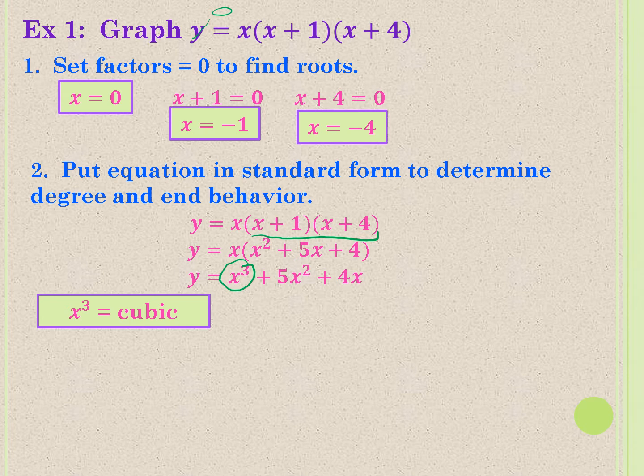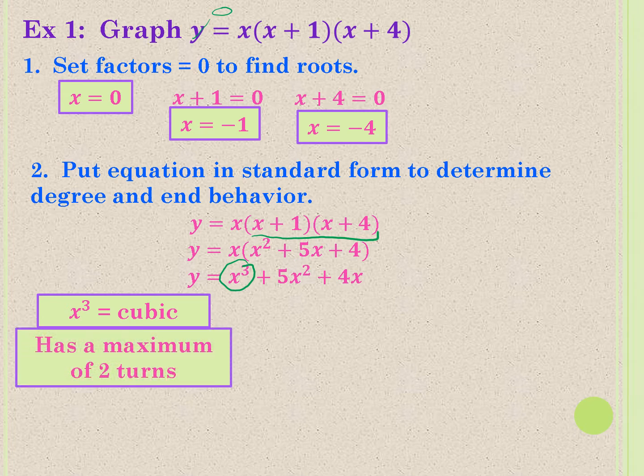Okay, I also know that because the exponent is 3, I have a maximum of 2 turns. Remember n minus 1? So 3 minus 1 is 2, so that means my graph will have at maximum 2 turns. All right, now let's talk about right end behavior, because remember, we always determine right end behavior first.